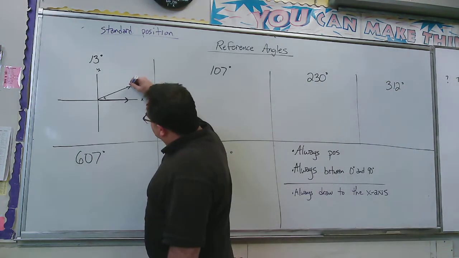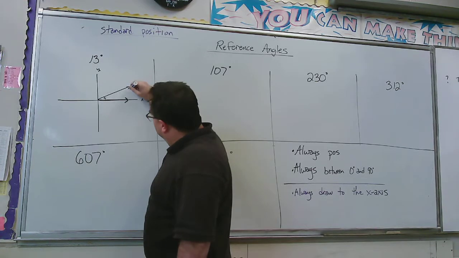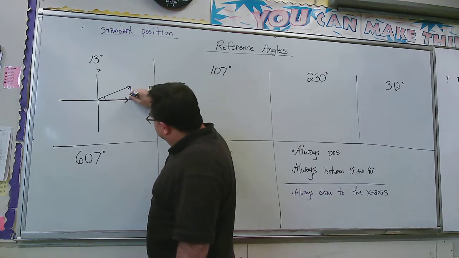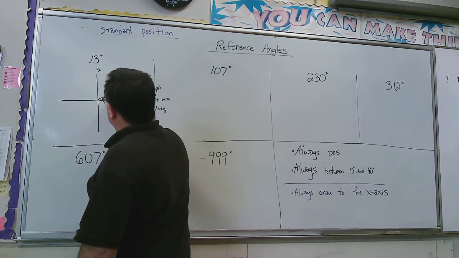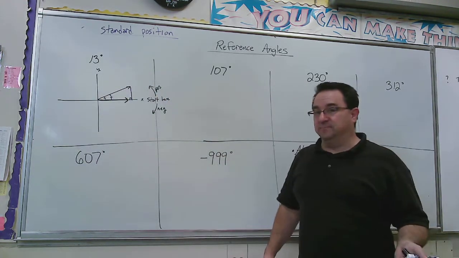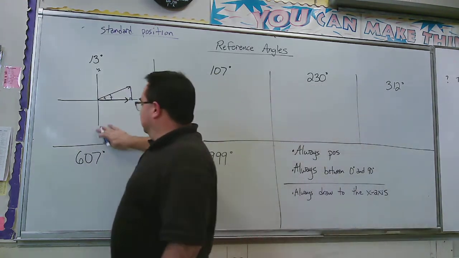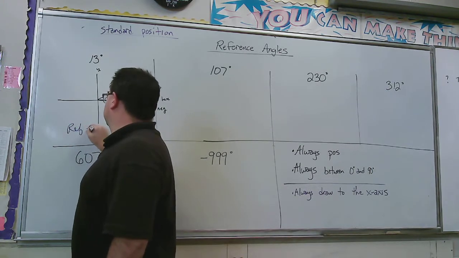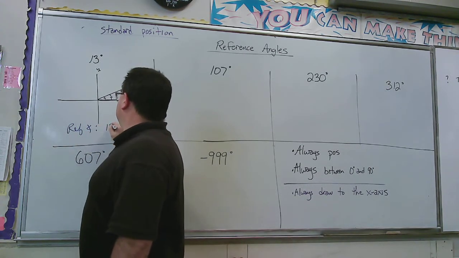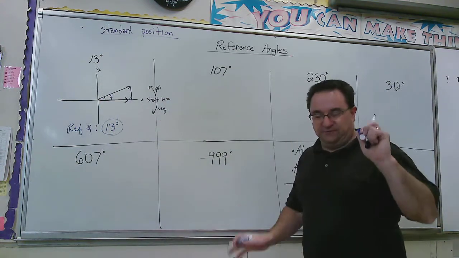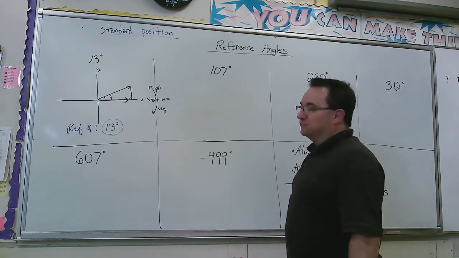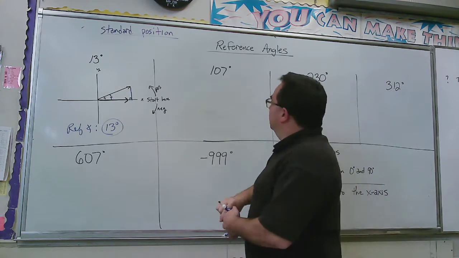So if I go from this terminal side and draw perpendicular down to the x-axis, this is my reference angle. Now that's weird because in this case, the reference angle is the same as the given angle. Now, just forget about that for a minute. Let's look at the other ones and see what's going on.